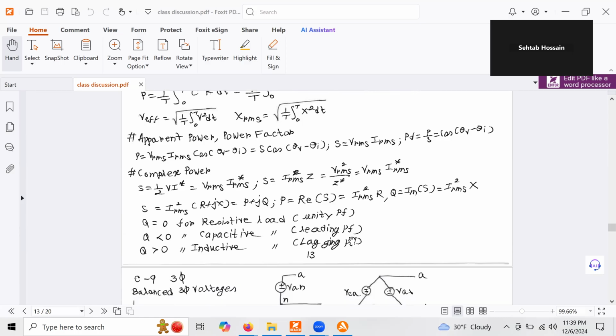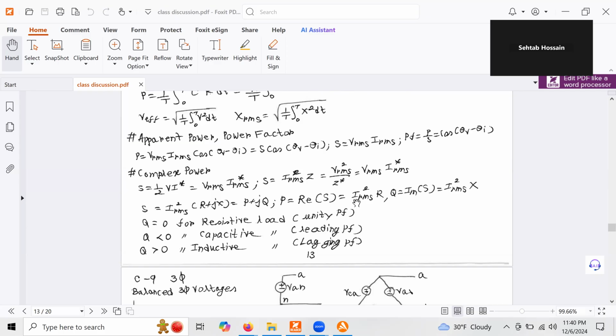So the power factor may be negative, positive, or maybe zero. The power factor defines how effective the circuit will be, how close the circuit is to resonance. If the circuit is in resonance, we will get the maximum output from the AC circuit.